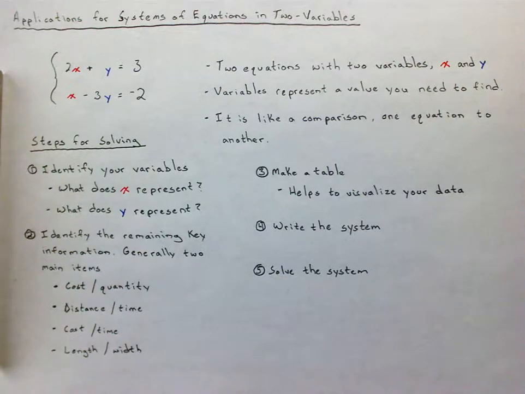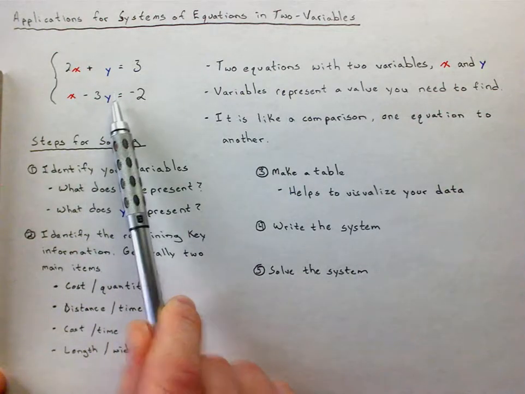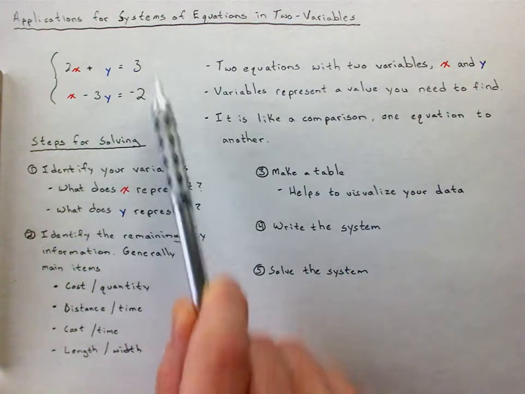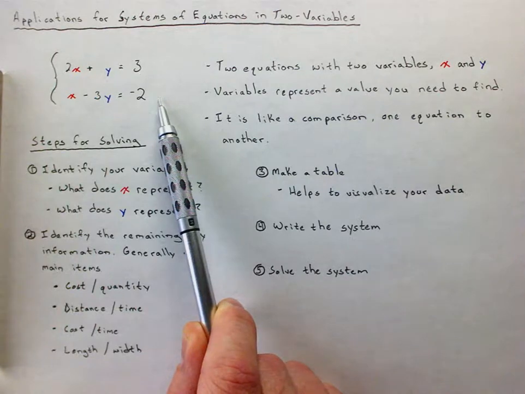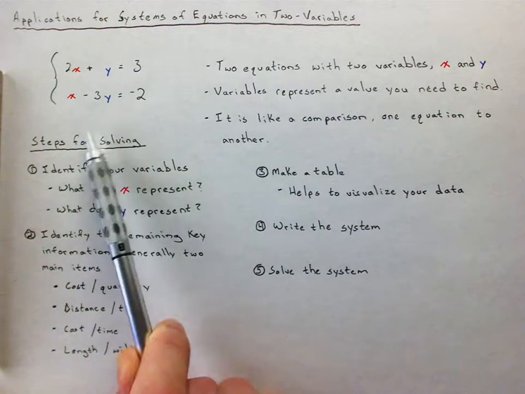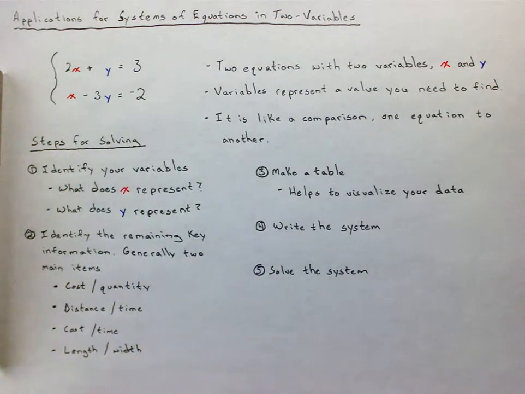And the premise behind this is that those variables represent a value that you need to find, that you need to solve for. And really, within your system of equations, it's almost like you're comparing equation 1 and equation 2 to one another to be able to solve for those variables.